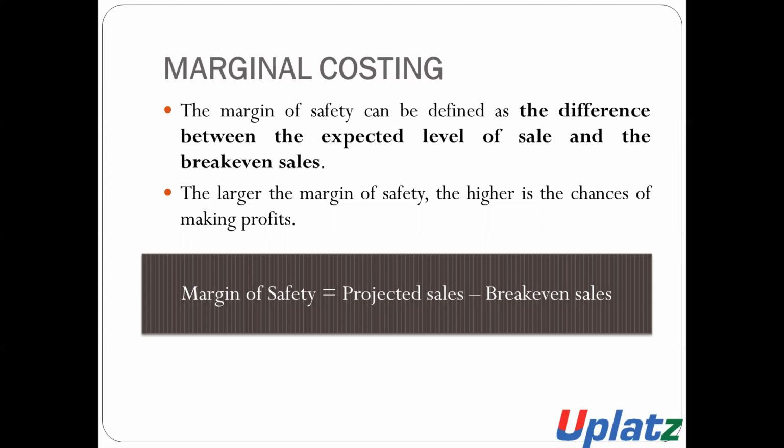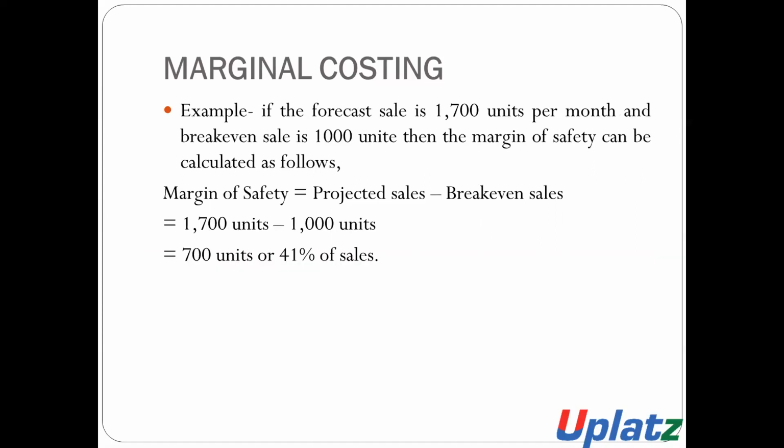The larger the margin of safety, the higher is the chance of making profit. When the margin of safety is higher, then the amount of profit will also be high. Now we will discuss it by way of example.